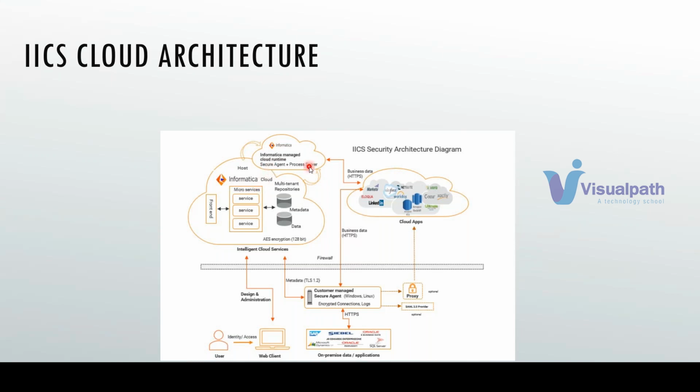There are two things here: one is the Informatica hosted agent, and the other is the local secure agent, which is sitting behind your firewall. And even this communicates to your external applications like your Salesforce or Marketo, or your different cloud apps.